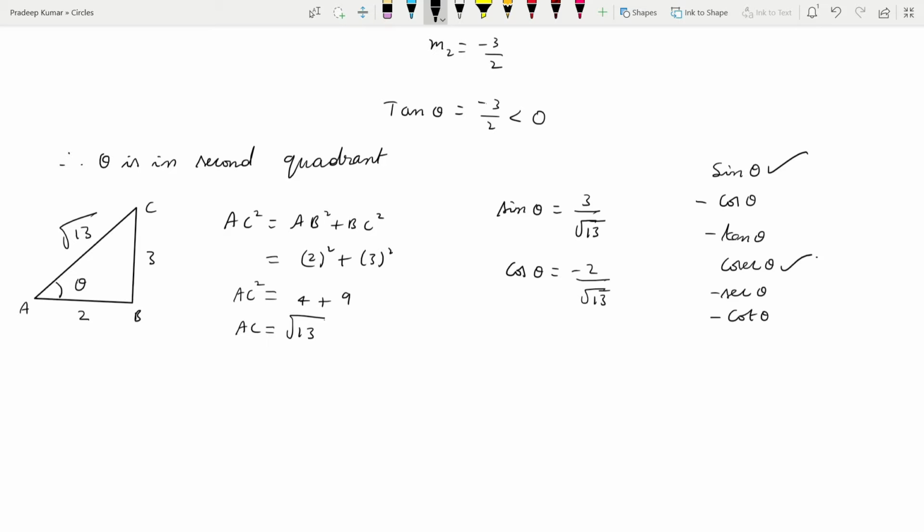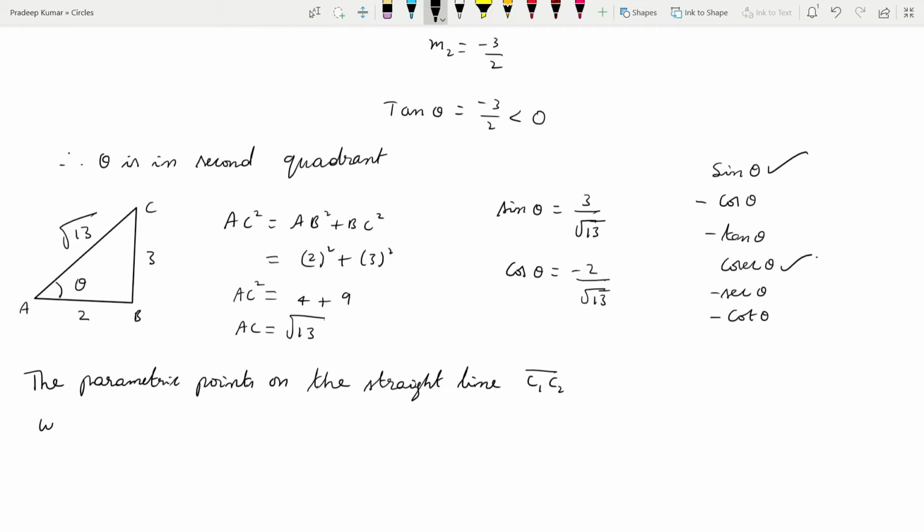So let's write forward. I can write here the parametric points on the straight line. So the straight line is what? C1 C2.